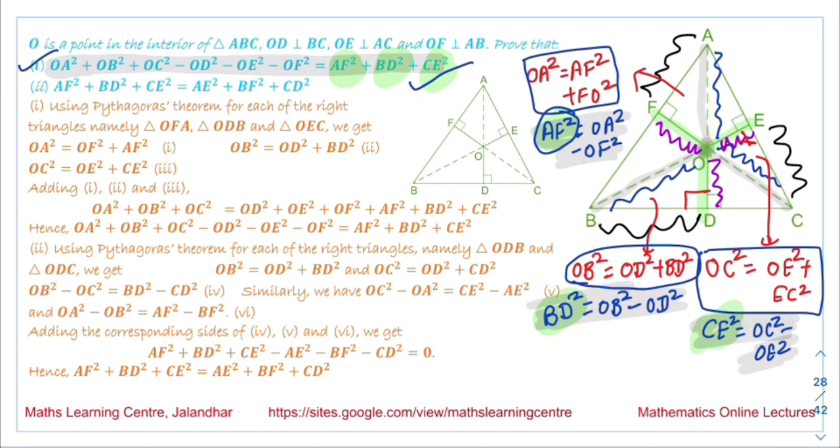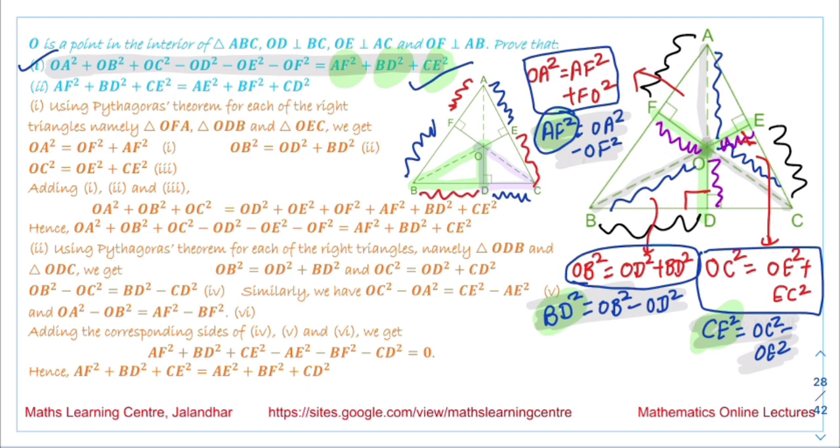Now in the second case, what we have to prove is that AF square plus BD square plus CE square is equal to AE square plus BF square and CD square. Now to prove this part, we are considering the triangles ODB and ODC.